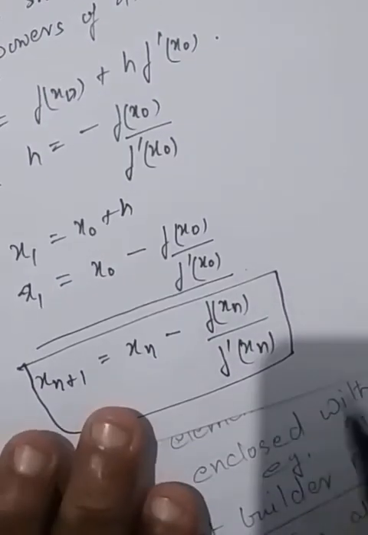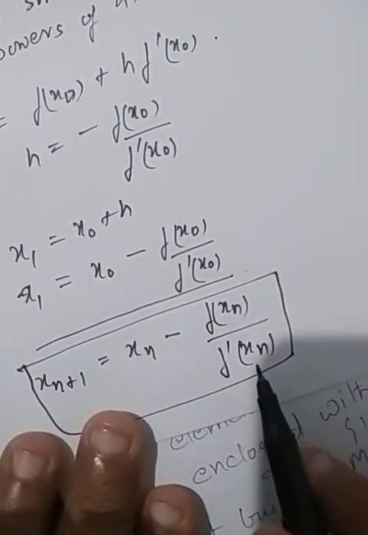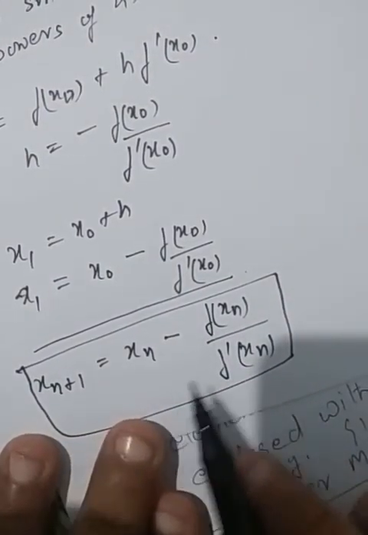If f'(x) is 0 or nearly 0, the method fails. You can visualize this easily, that if f'(x) is 0 for some values of x, then the method would fail.